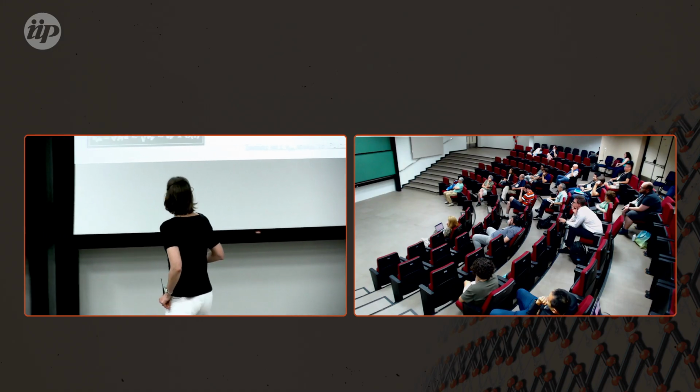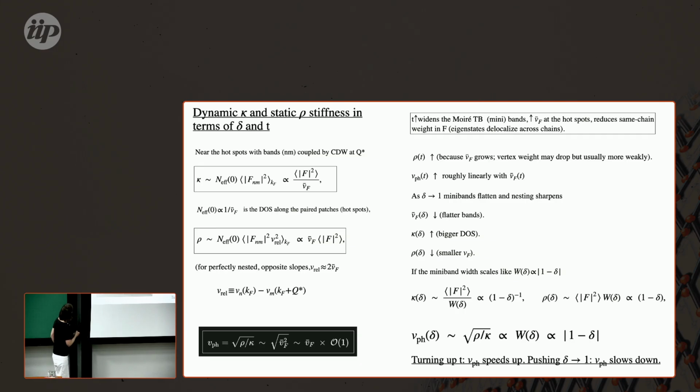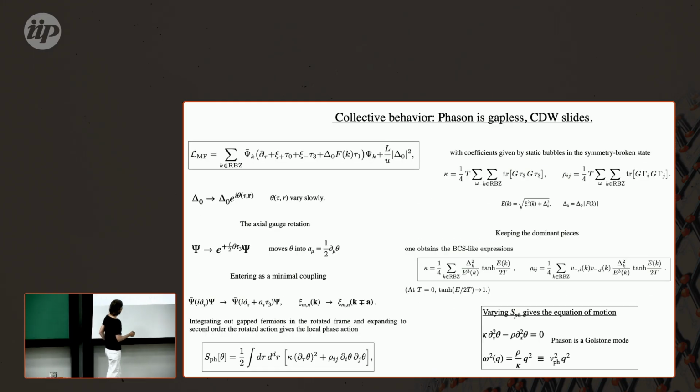So one can also get some idea of how this phason is going to behave. Near this hot spot, which is where K and K plus Q asterisk touch, people call this the hot spot. The phason is characterized by a dynamic stiffness, this is what kappa is, essentially the inertia of the phason.